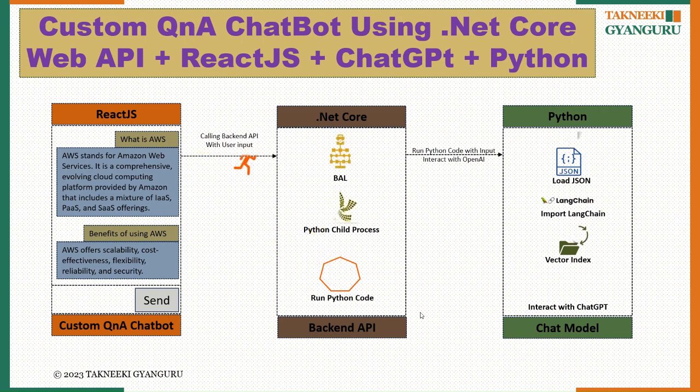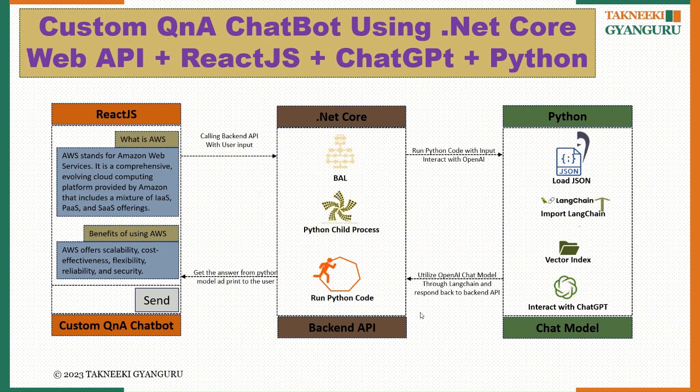Then this Python code will utilize the OpenAI chat model through LangChain and respond back to the backend .NET Core API. The .NET code will get the answer from the Python code, and then it will print it to the user in the React.js UI.